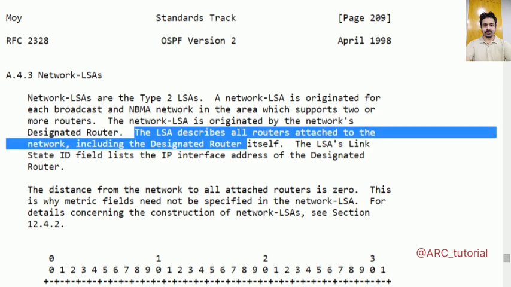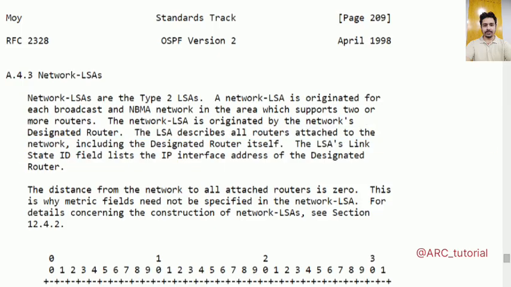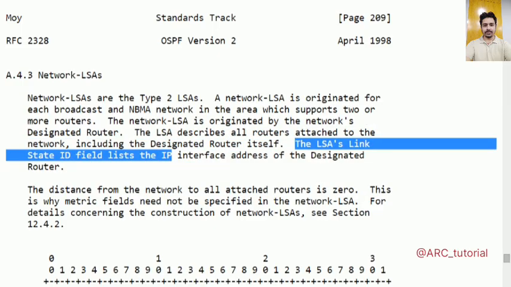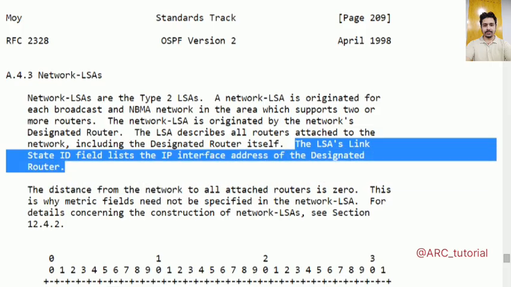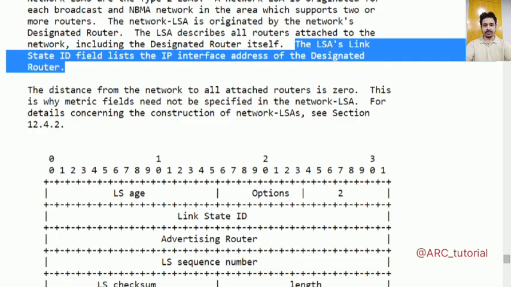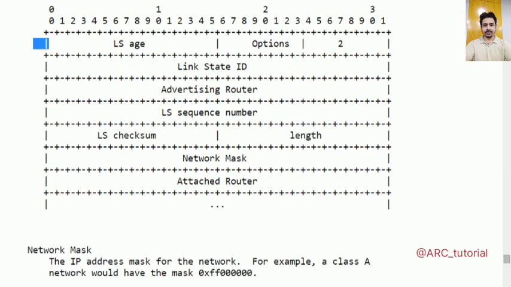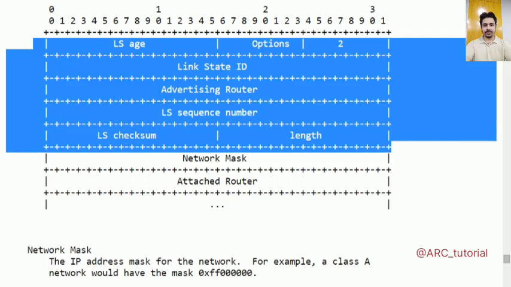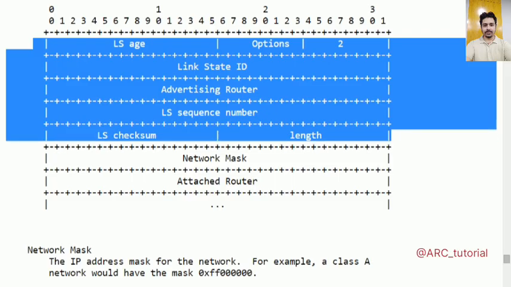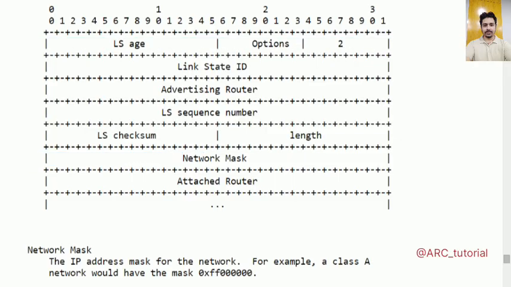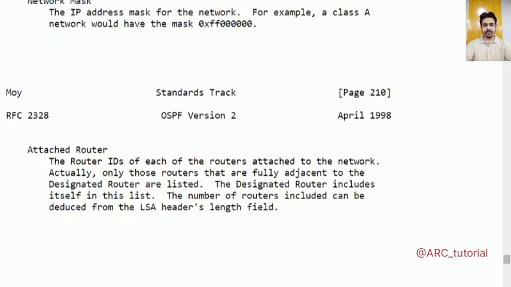The LSA describes all routers attached to the network. The LSA's link state ID field lists the IP interface address of the DR. First 20 bytes will remain same, and then after network mask is there and attached routers are there.